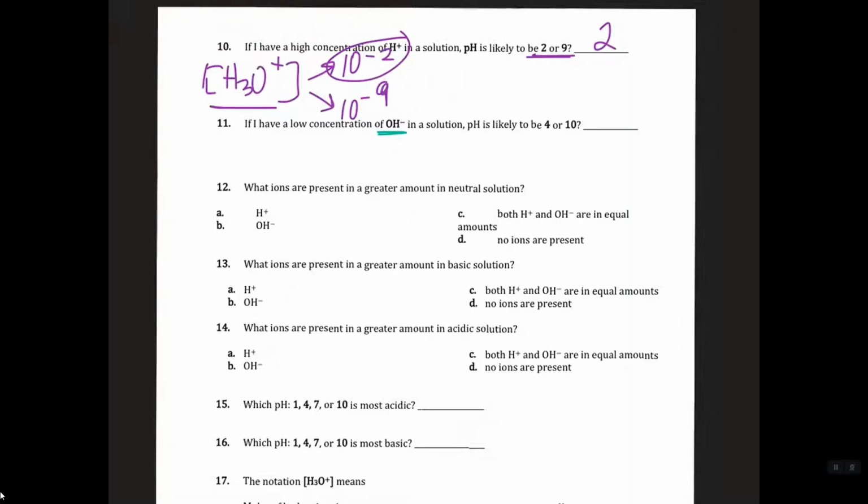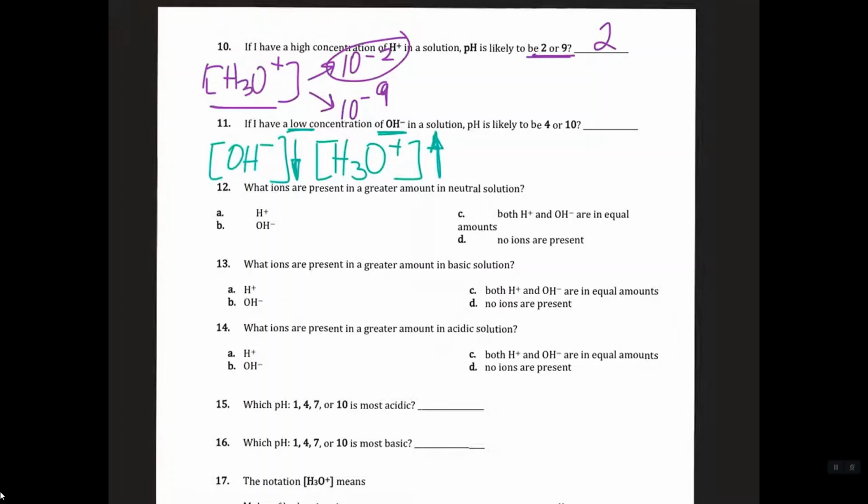If I have low concentration of hydroxide ions, be careful, it can be tricky. So I have hydroxide ion, and it says that it's a low concentration. If my concentration of hydroxide ion is low, that means at the same time the concentration of hydronium ion is high, because they're related.